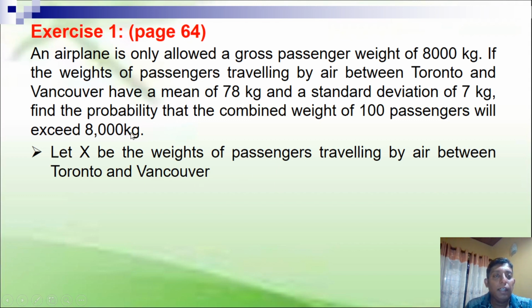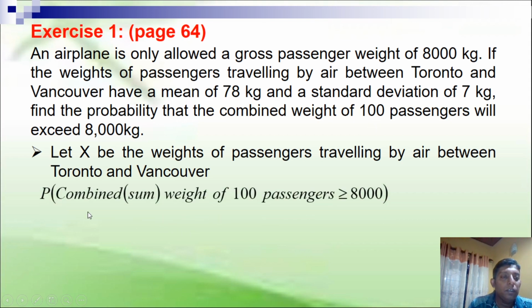X follows a normal distribution, and the population standard deviation is given: mean value 78 kilograms and standard deviation of 7 kilograms, and the sample size is large, 100 passengers. Then he asks about the probability that the combined weight, the sum of weights of 100 passengers, is greater than or equal to 8,000.